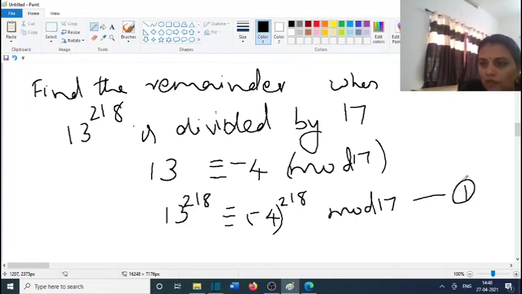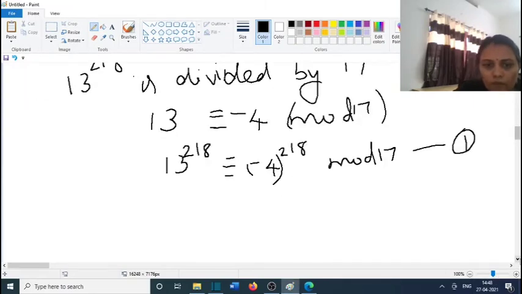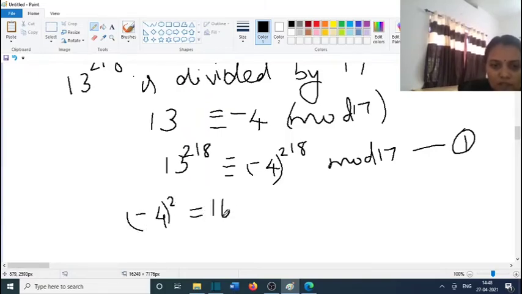This is equation 1. We know that minus 4 whole square is equal to 16, which is congruent to 16 minus 1 mod 17.